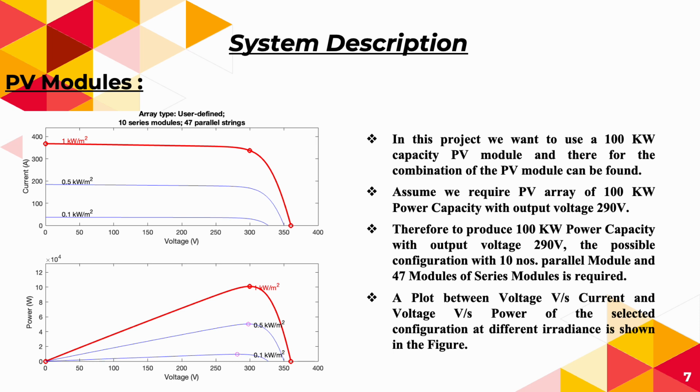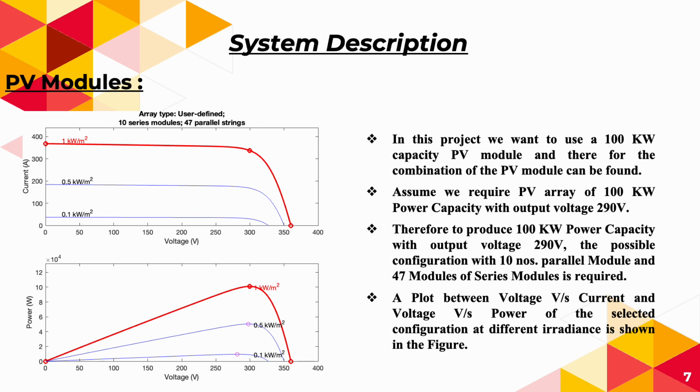Here are the PV modules. Now we assume that we have to design a PV system to produce 100 kilowatt capacity, and let us assume the output voltage is 290 volt. According to the calculation, we need 10 parallel modules and 47 series modules to produce the desired power output.